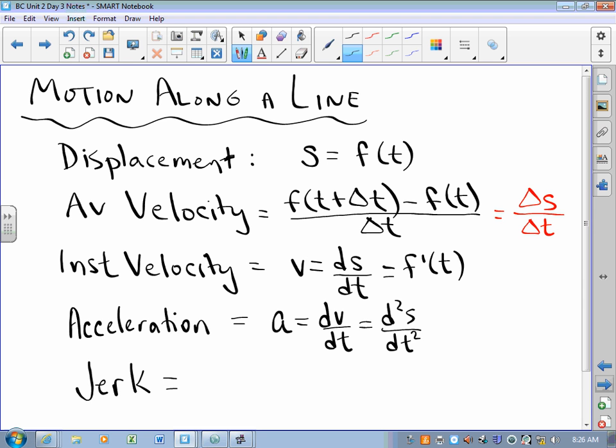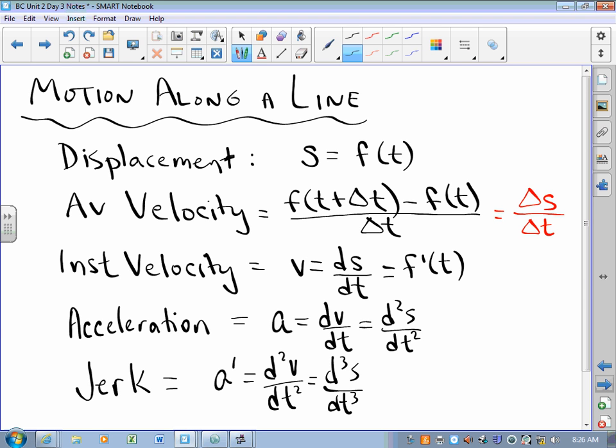So the derivative of acceleration, the second derivative of velocity with respect to time, the third derivative of position with respect to time, is called jerk. It's never going to show up on an AP exam unless they define it for you in the context of the problem.